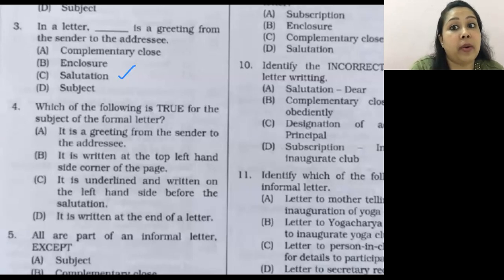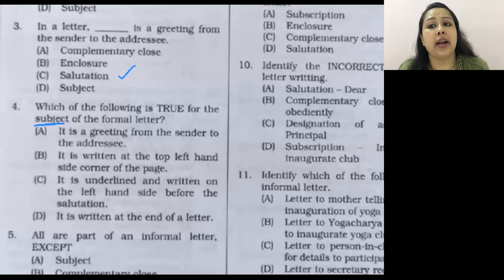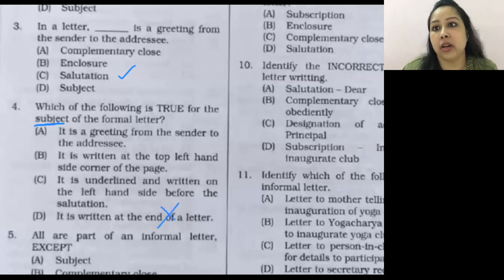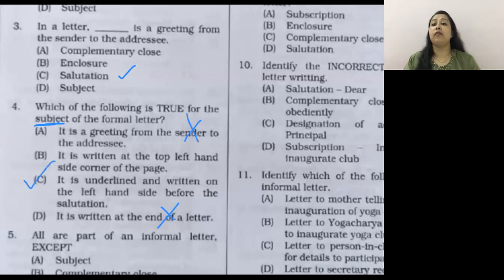We are only talking about the subject of the formal letter. Or it is underlined and written on the left side before the salutation, or it is written at the end of the letter. This option is vague. This is also vague. C is the correct option. It is definitely written on the left hand side before the salutation. Correct. Very good.